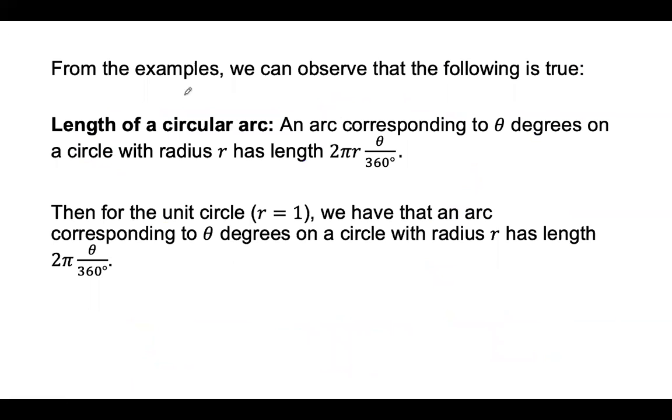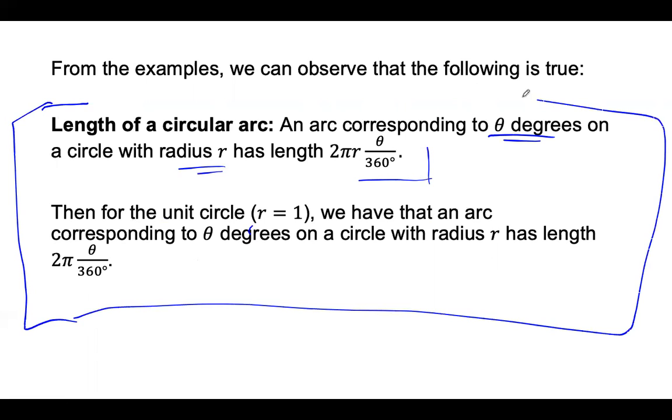Now, there's a formula for this. So you observe that the length of the circular arc with corresponding degrees on a circle with this radius has length 2 pi r times the degrees divided by 360 degrees. And if r equals 1, it's just 2 pi times that angle divided by 360 degrees.